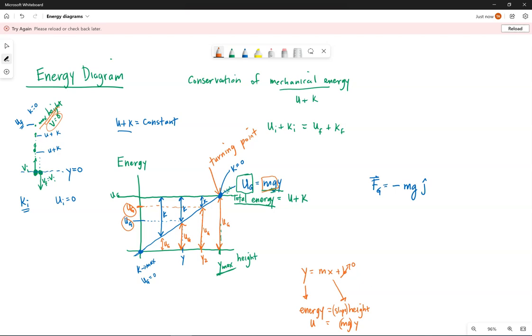But the force is downwards. When we are dealing with potential energy, we know the work done by any individual force generically can be written as the integral of the force dotted with displacement.